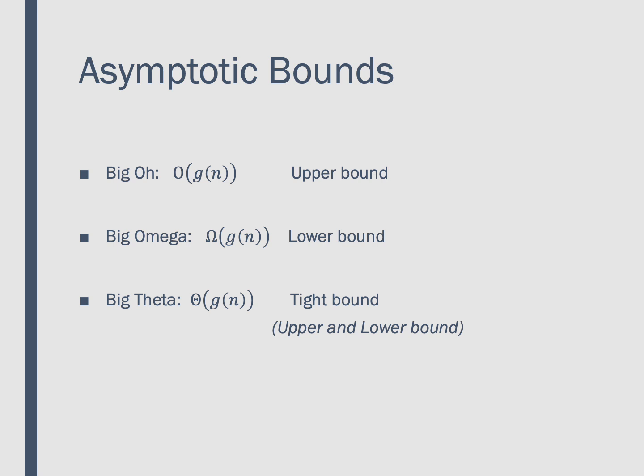The key takeaway here is that big O is like a ceiling, big omega is the floor, and big theta is the actual growth rate when both the upper and lower bounds are the same. These notations allow us to classify algorithms in terms of their efficiency, helping us compare them more effectively.